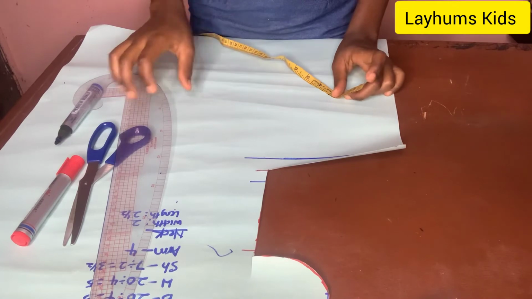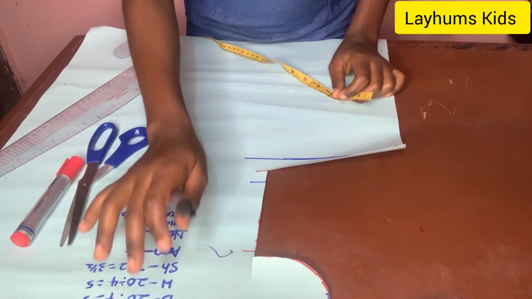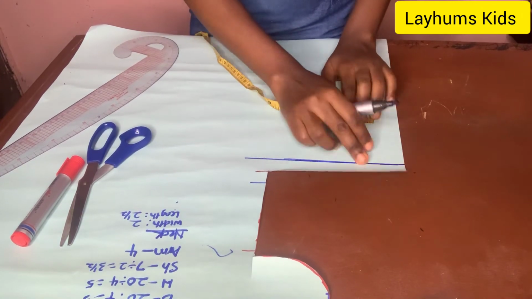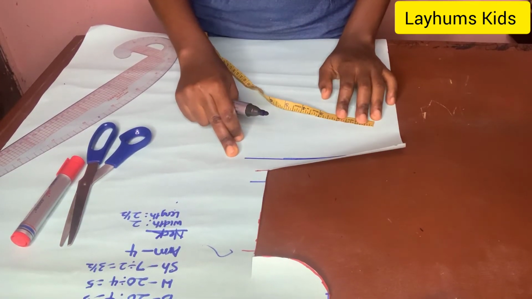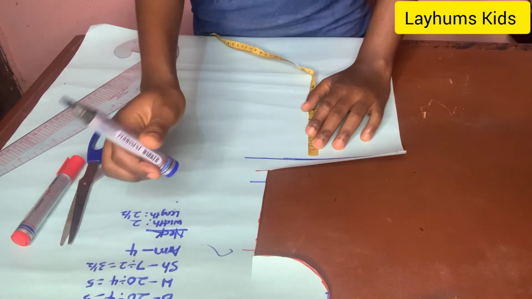So for my back, I'm going to use the same measurements as I used for the front. To start with, I'll mark my starting point, after which I'll measure my half length, which is 8.